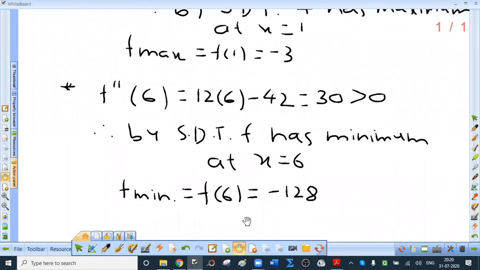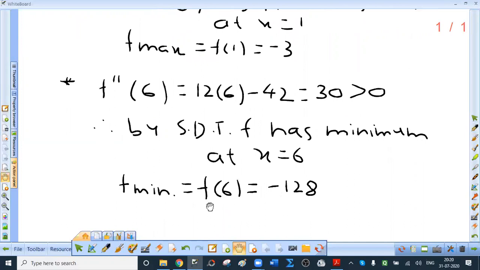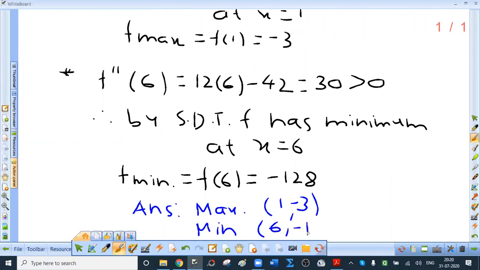Okay, now while writing final answer, see how we can write the final answer. Final answer is max at (1, minus 3) and min at (6, minus 128).